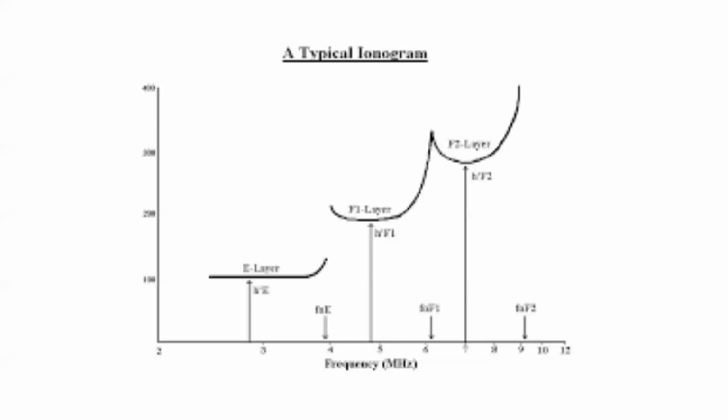And most importantly, on the F2 layer, as you go to the right, there'll be the frequency where the reflections stop. That's known as the foF2. It's also known as the critical frequency.